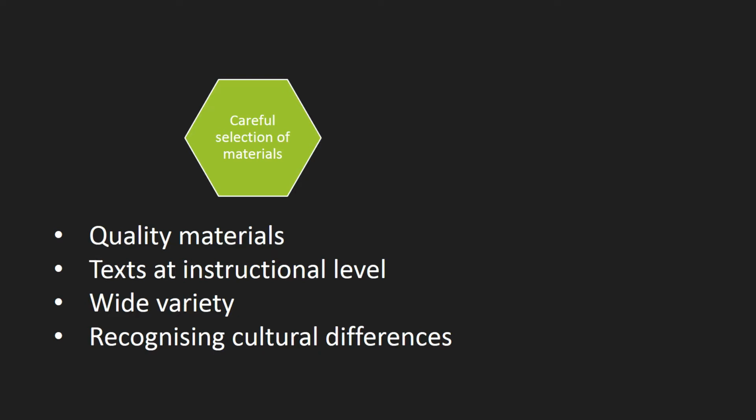We also need to remember that if we're reading with students in the guided reading or in an instructional manner, we have to have text at their instructional level. You don't want to have a text that's too easy, which will mean that they won't be prompted to use strategies, and you don't want a text that's at frustration level that will leave them not feeling successful.